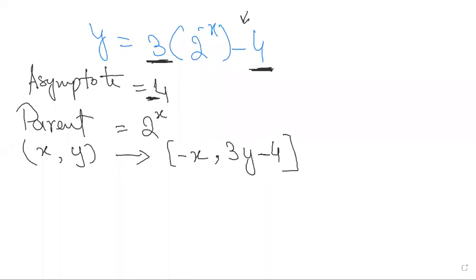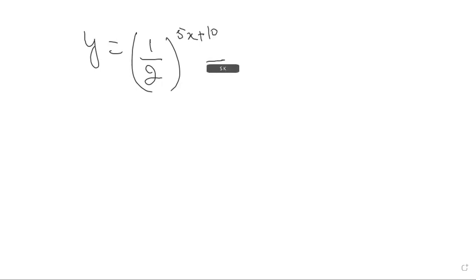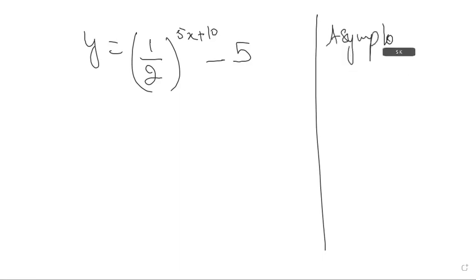Let's see another example. Suppose we have a question and it says y equals half to the power 5x plus 10, minus 5. Now, if someone asks me what will be my asymptote here, it's very clear that my asymptote would be negative 5 because it's outside.